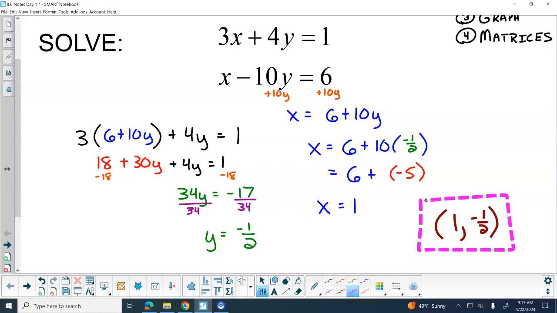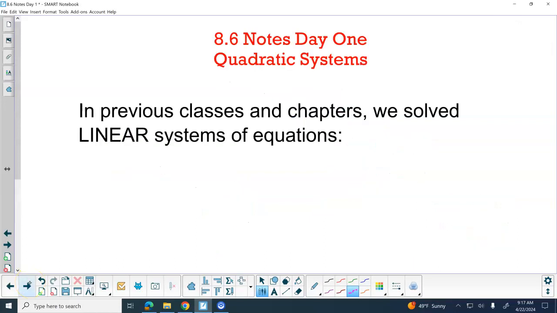Good times. Today what we're going to do is take what that was, a system of linear equations, and we solved that up until this point.